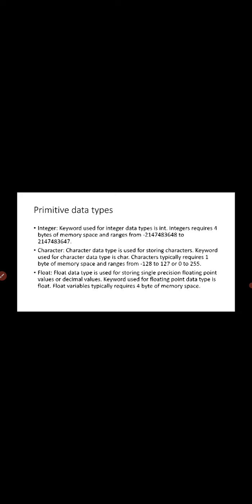The next data type is float. It is used for storing single precision floating point values or decimal values. The keyword used for floating point data type is float, F-L-O-A-T, in lowercase. Float variables typically require 4 bytes of memory space.